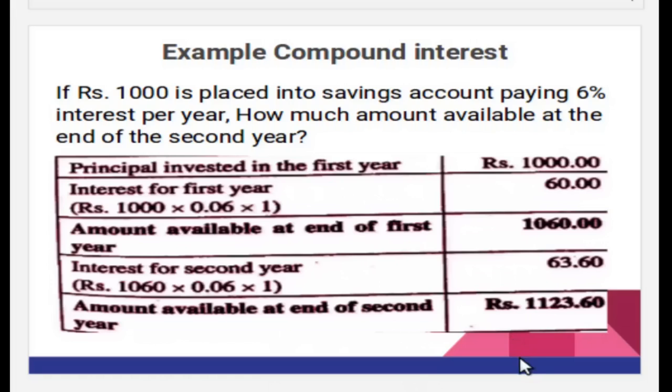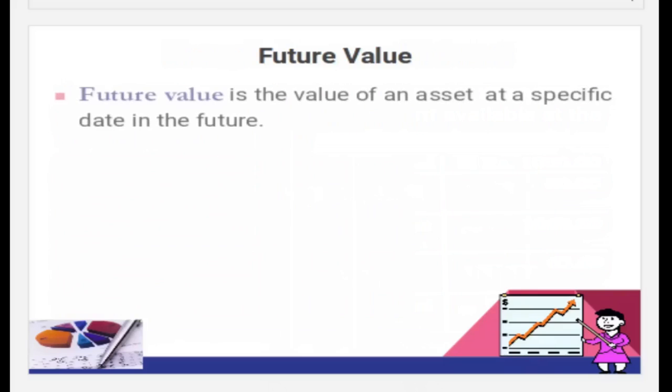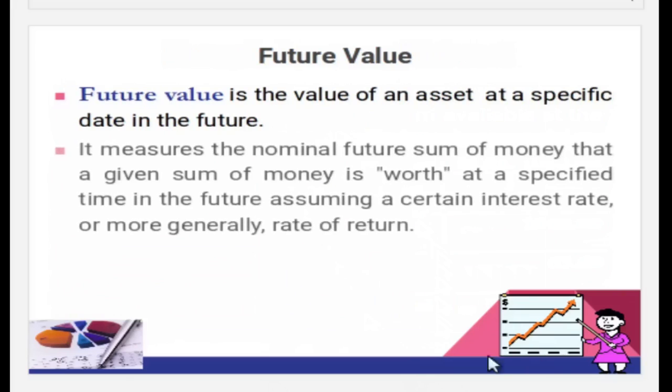Now the next important term is future value. Future value is the value of an asset at a specific date in the future. It measures the nominal future sum of money that a given sum of money is worth at a specified time in the future, assuming a certain interest rate or, more generally, rate of return.